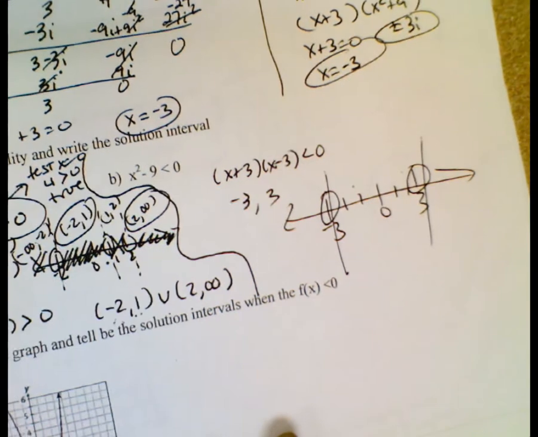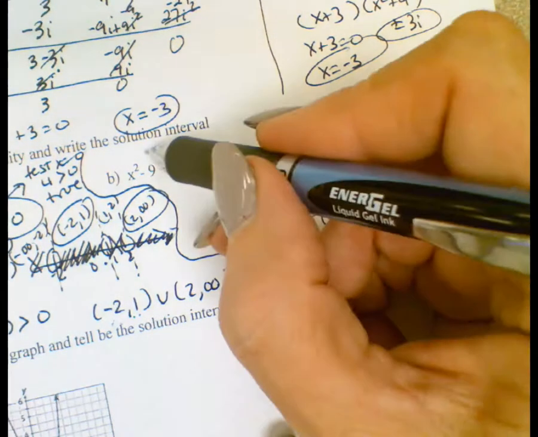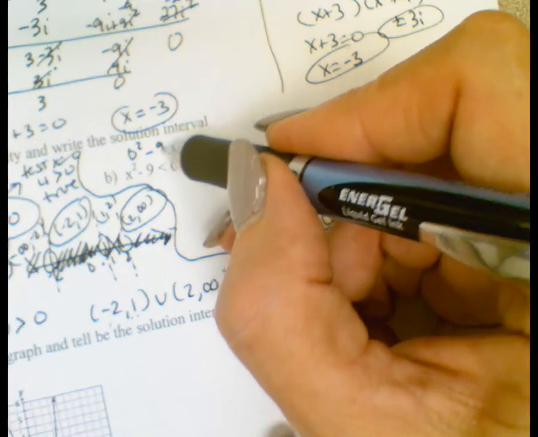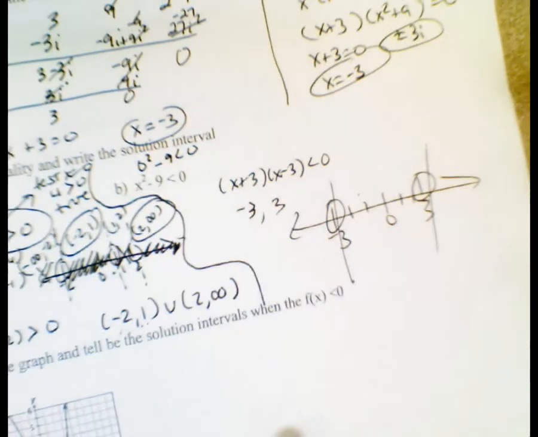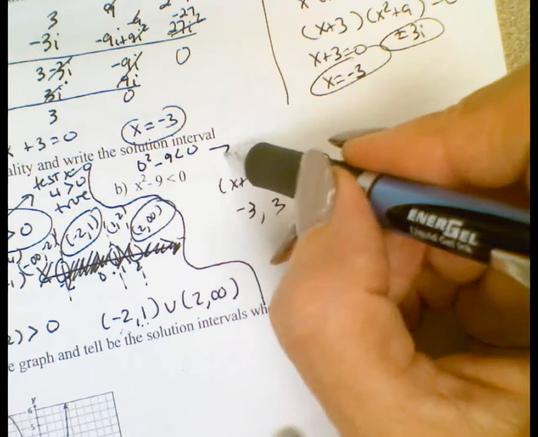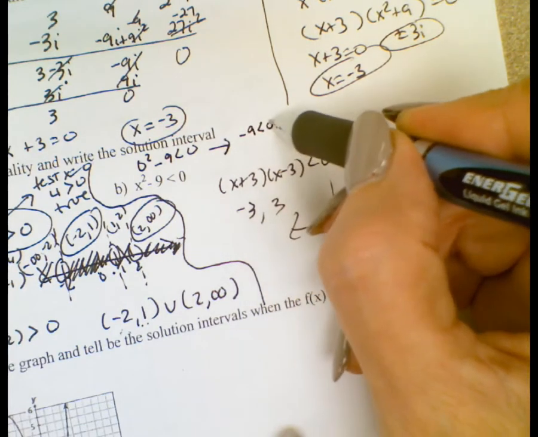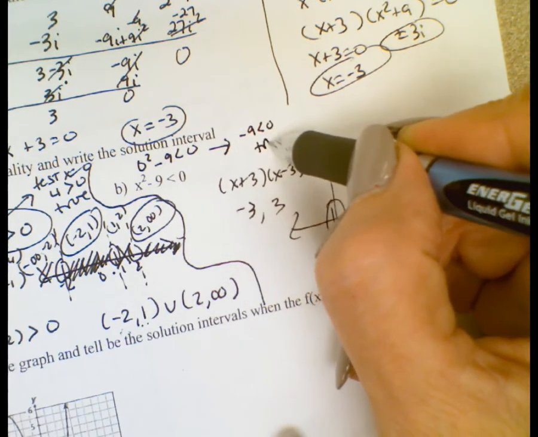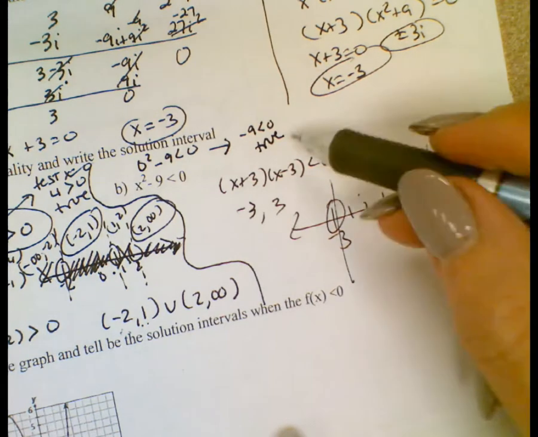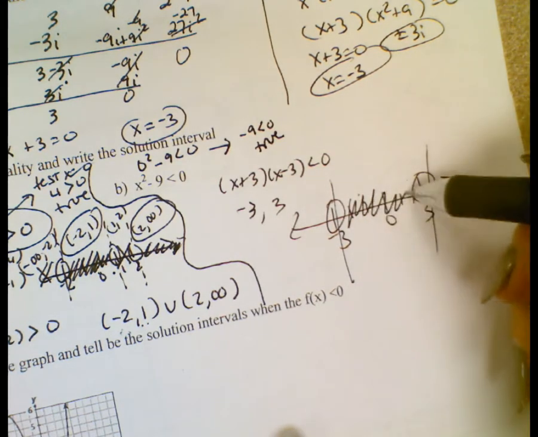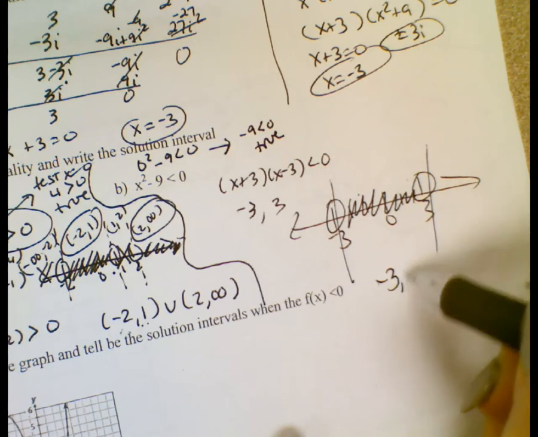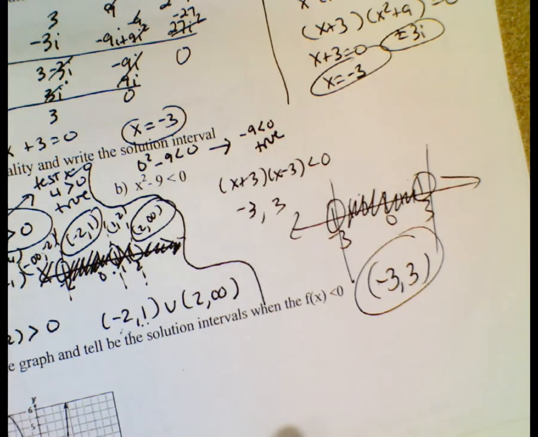So we're going to test 0. 0 squared minus 9, is that less than 0? Negative 9 is less than 0, true. So 0 does work. So our answer is negative 3 to 3. Done. That means the other two do not work.